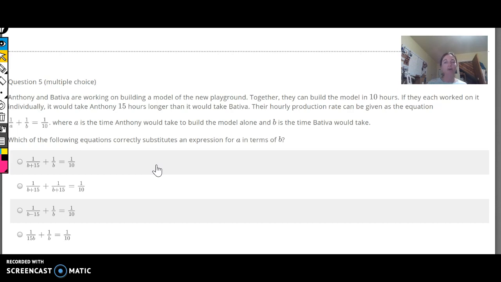So if I want to substitute in B for A, okay? If I want to say, what does A equal in terms of B? Well, remember right here that it takes Anthony 15 hours longer than Bativa.